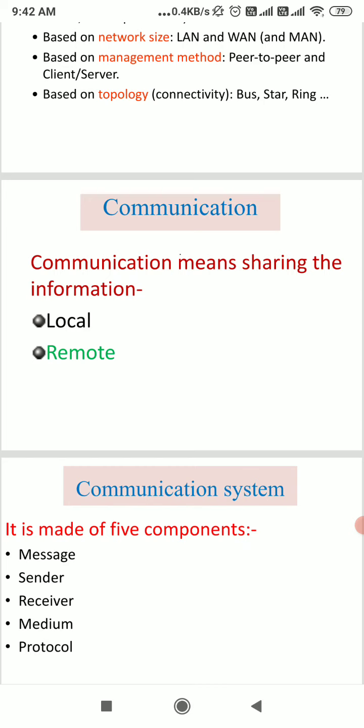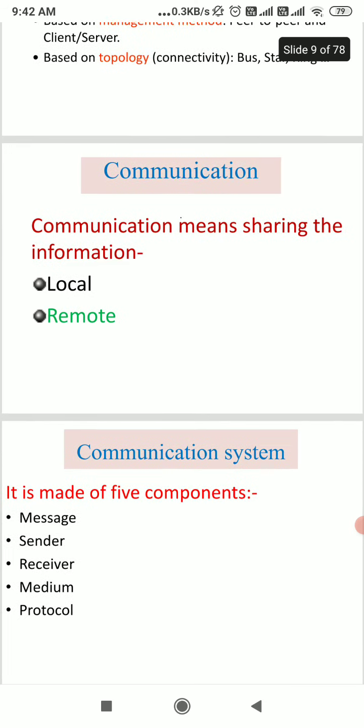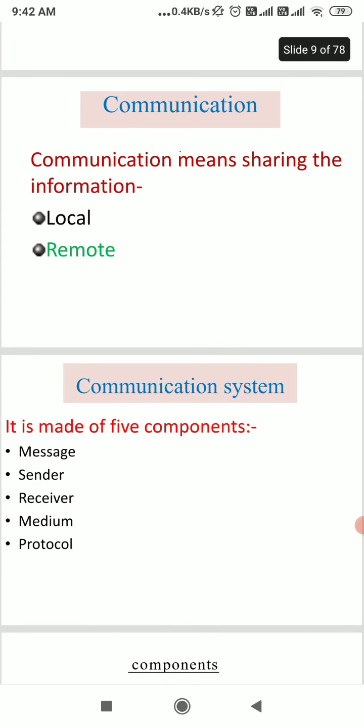It means there is no need of any wire. Whenever we are supposed to send information, if you are a source and you are supposed to send that information to another person who is the destination, if he is at another place, at that time also we can do communication by using a computer network.